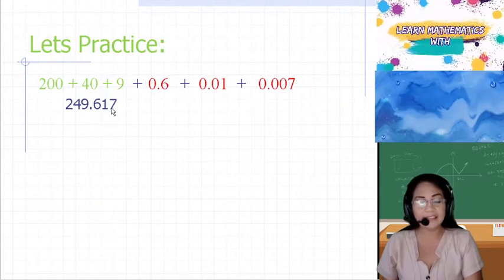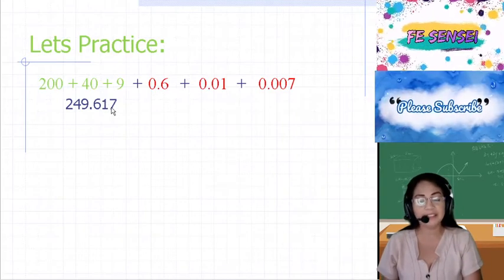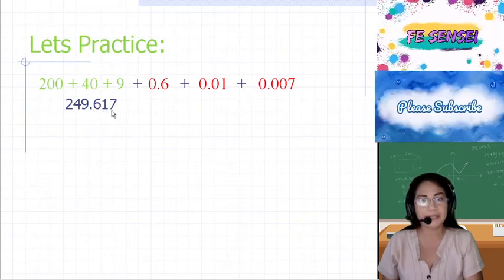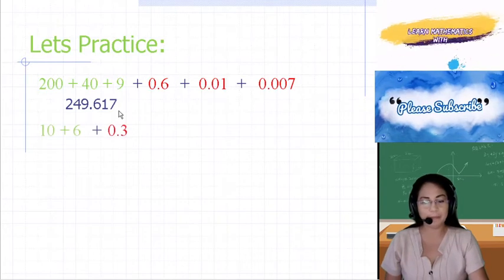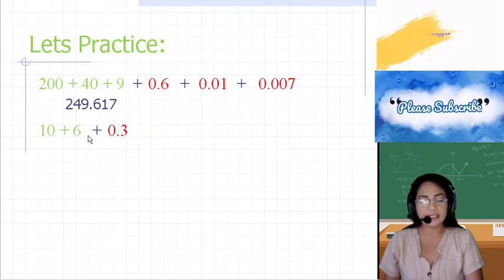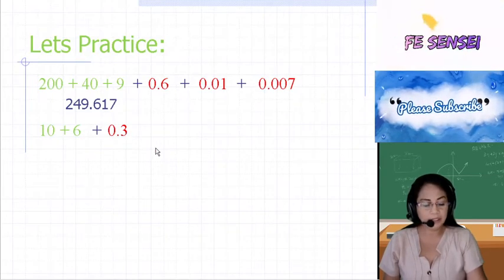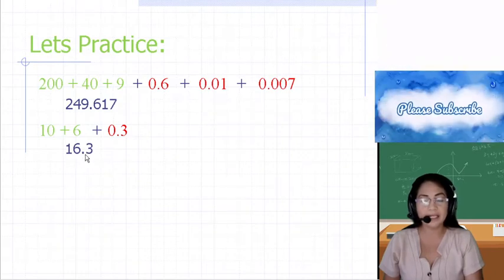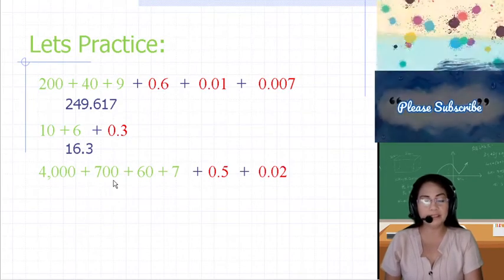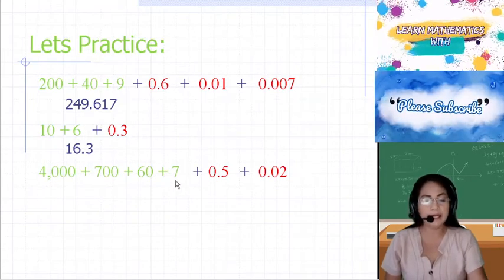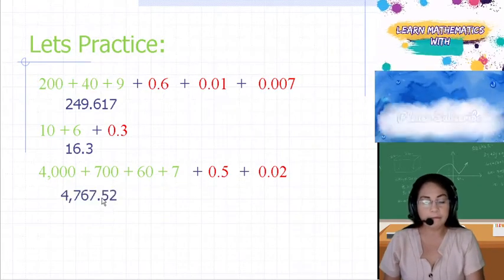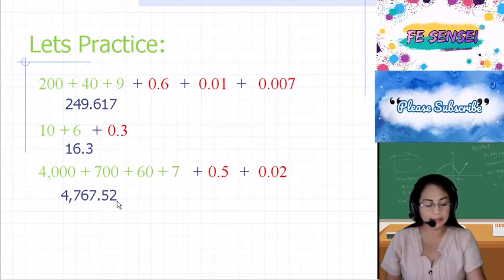It ends in the thousandths place, therefore thousandths. 249 and 617 thousandths. Another example. 10 plus 6 is 16 plus 3 tenths. So the number is 16 and 3 tenths. Then 4,764 and 52 hundredths.